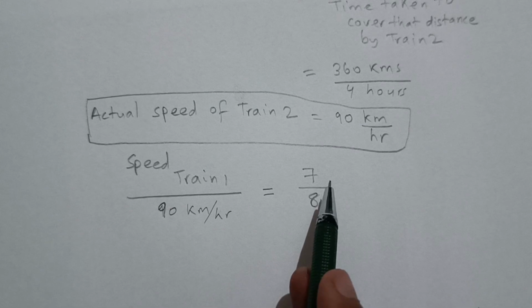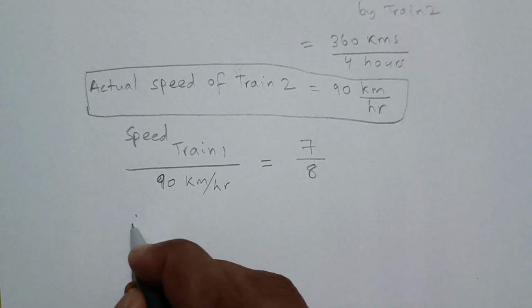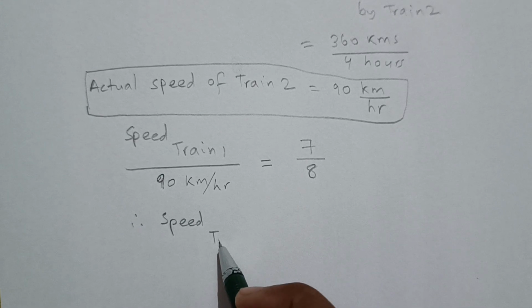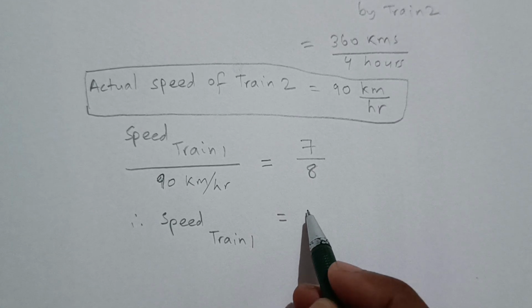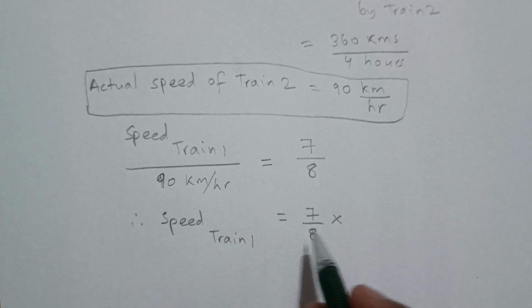So from here now we can calculate the speed of train 1.